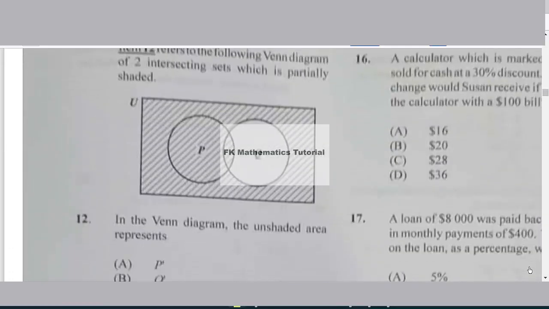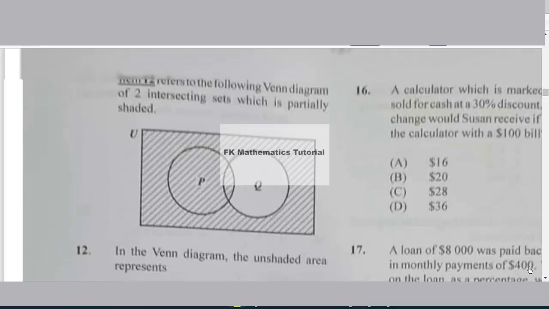Now let's continue with number 12. Item 12 refers to the following Venn diagram of two intersecting sets which is partially shaded. In the Venn diagram, the unshaded region represents.